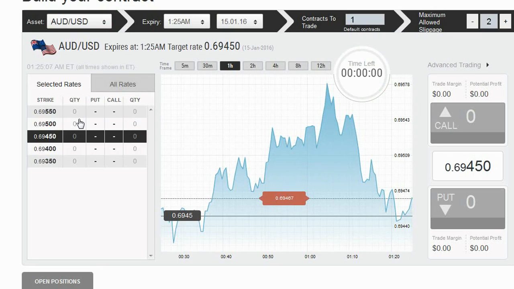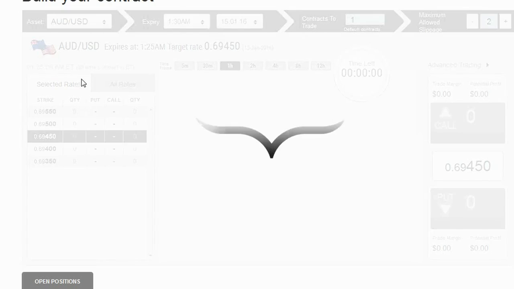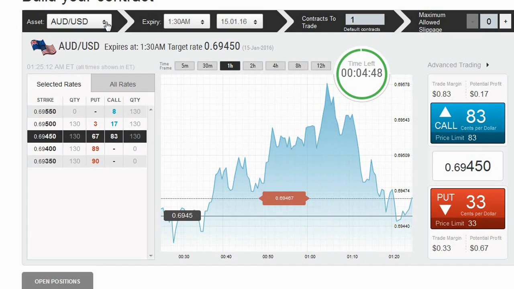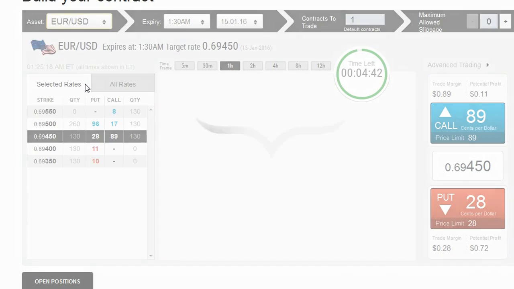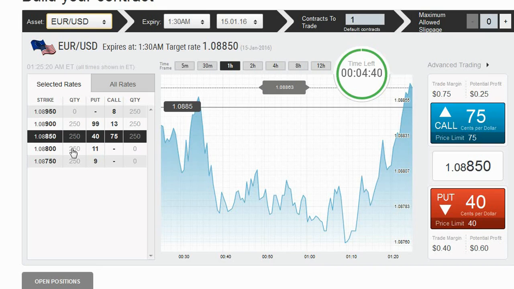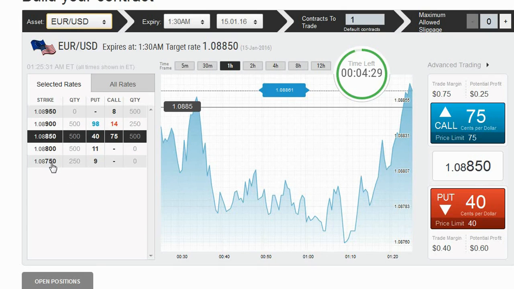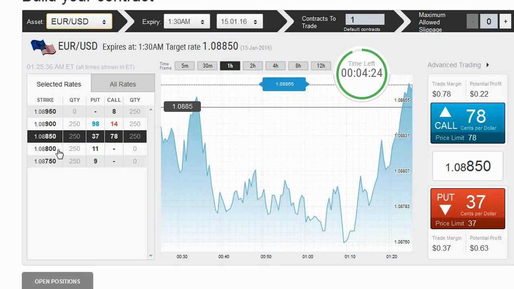Now, let's talk about another area. We're going to go back to euro dollar, and we're going to talk about this area here, which is the price ladder. Why is this called the ladder? Well, down here at the bottom we've got the lower strikes for the underlying, and then it's just going up and up like a ladder.